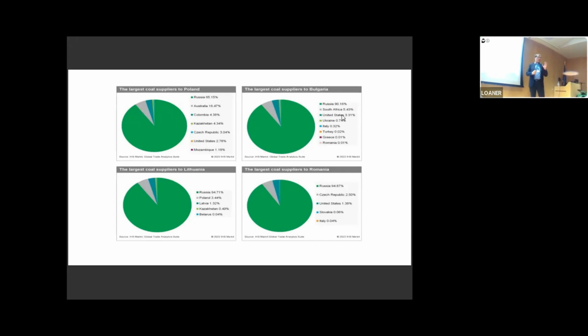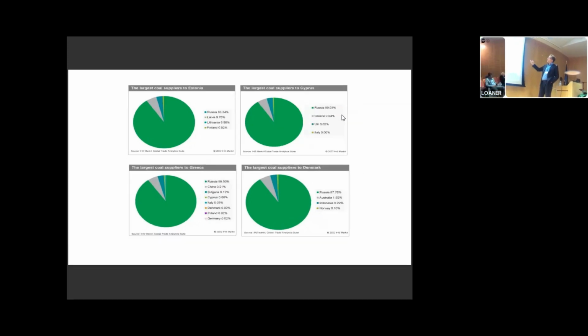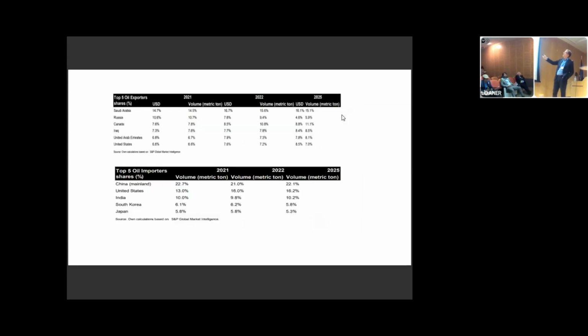Of course, you need to remember the population. For example, the population of Lithuania is really small, so they didn't use a lot of coal. Okay, we have Cyprus 99%, Denmark, and so on.